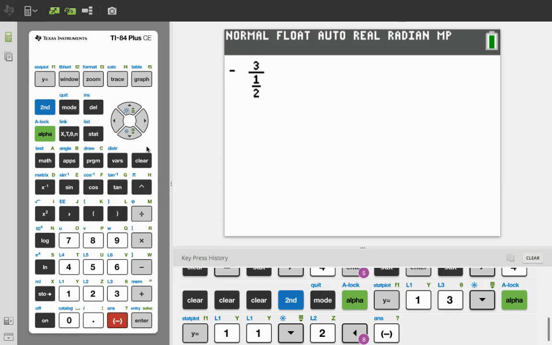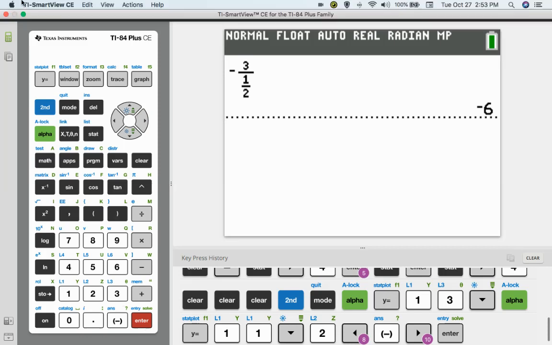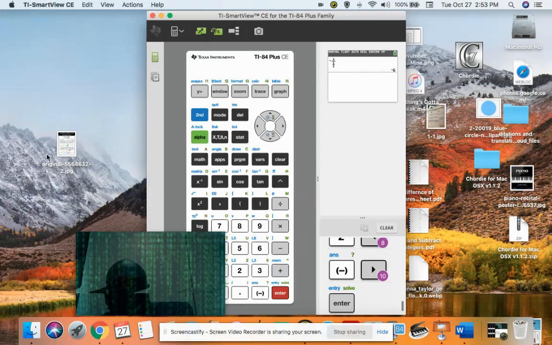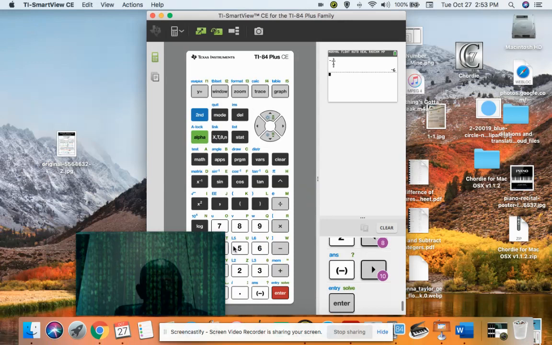So what does that equal to? Let's see. Hit enter. So I know what that equals when I divide it out. It equals -6. So if that is -6, then here's what we have.